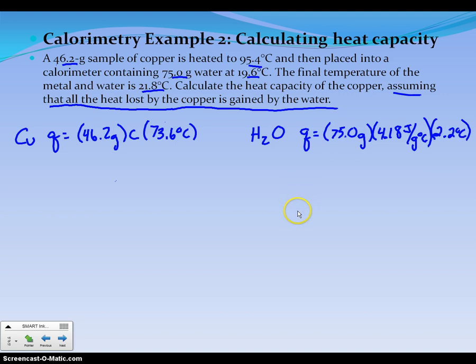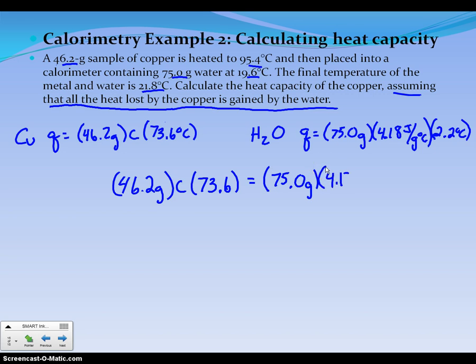So if I go with the assumption that all heat lost by the copper is gained by the water, I can therefore set these two calculations equal to each other and solve for C. So I can figure out what the heat capacity of the copper is by equating it with the water. Whatever heat was given off by the copper was absorbed by the water.